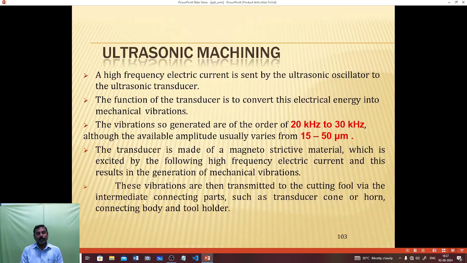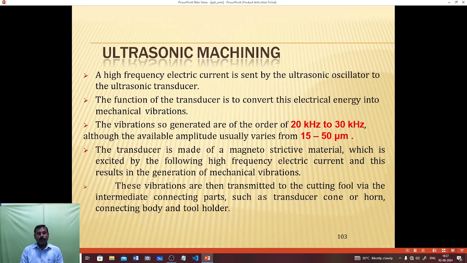Then ultrasonic machining: a high frequency electric current is sent from the ultrasonic oscillator to the ultrasonic transducer. The function of the transducer is to convert this electrical energy into mechanical vibrations. The vibrations generated are of the order of 20 kilohertz to 30 kilohertz, although the available amplitude usually varies from 15 to 50 micrometers.